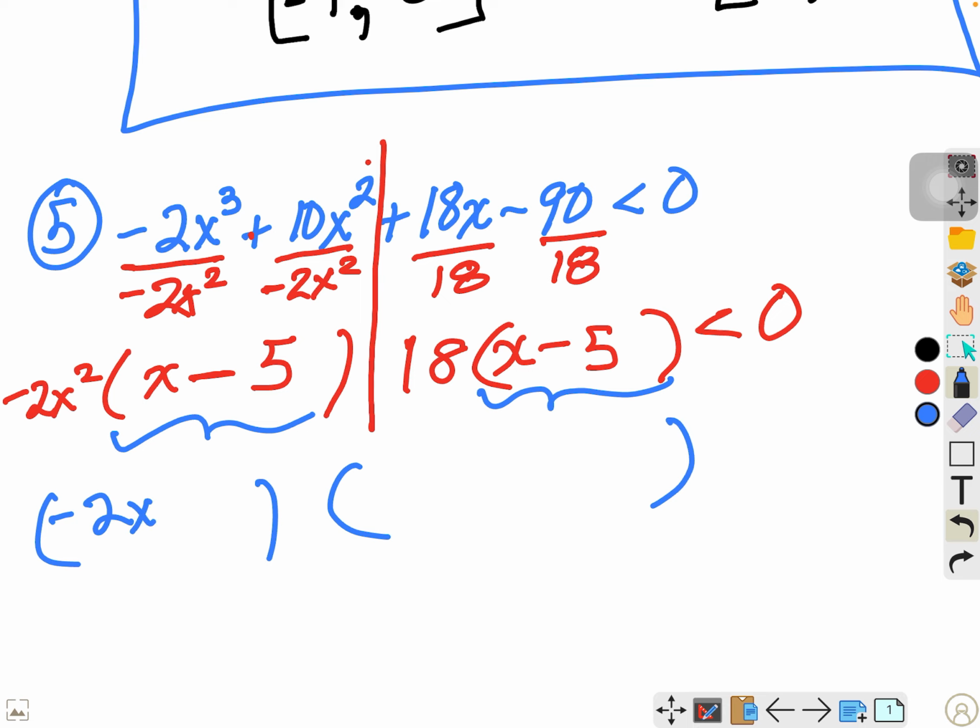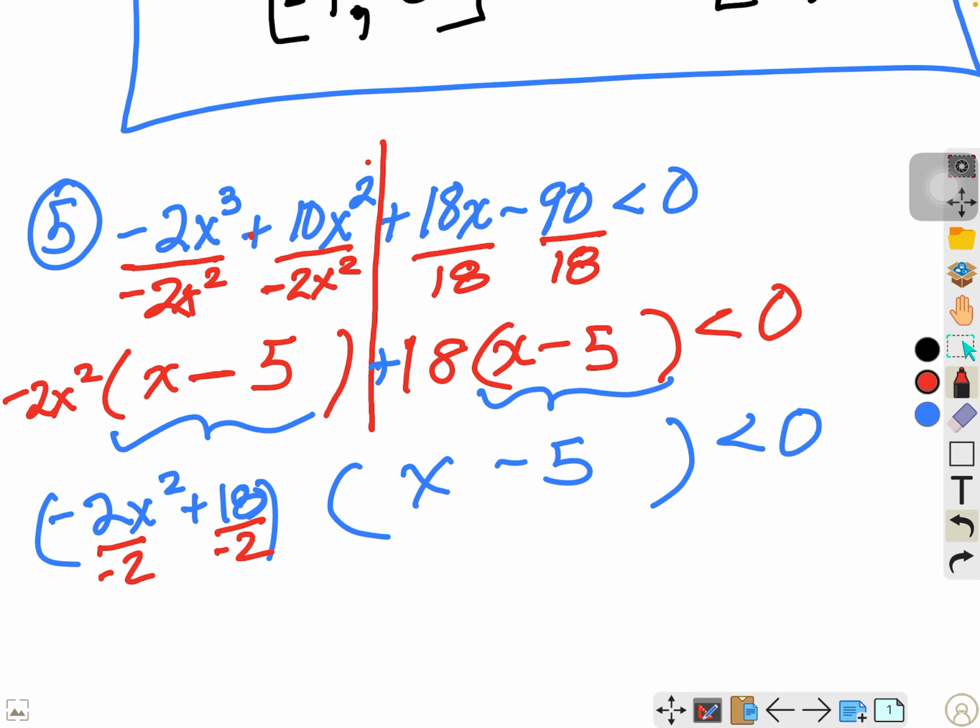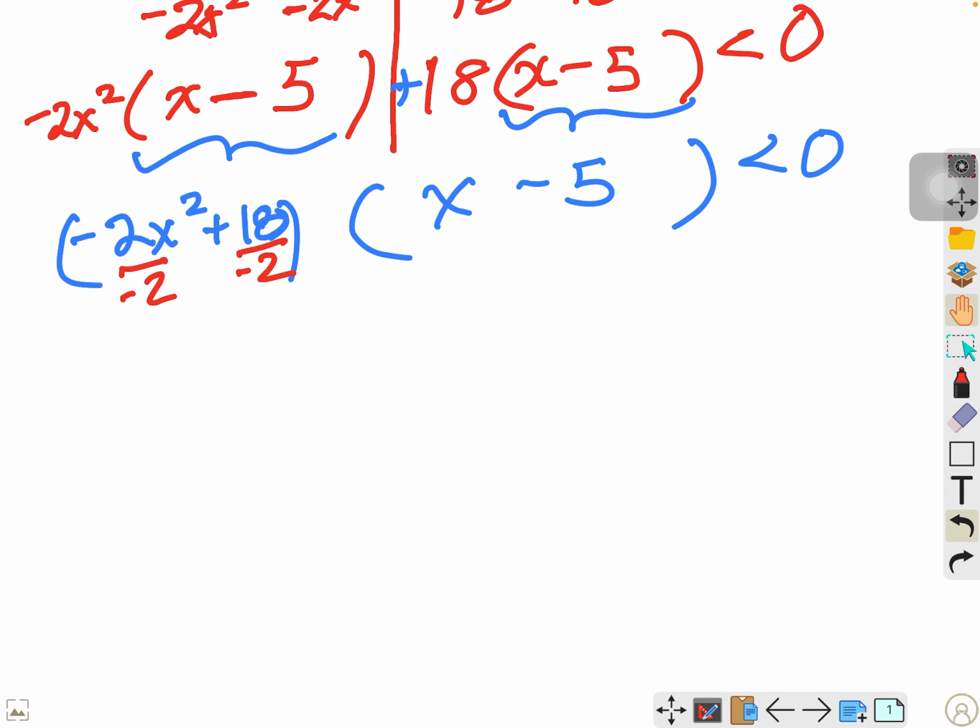Negative 2x squared plus 18, understood here, and x minus 5 is less than 0. And I notice that I can factor further a negative 2. Factor out a negative 2 from the binomial factor.